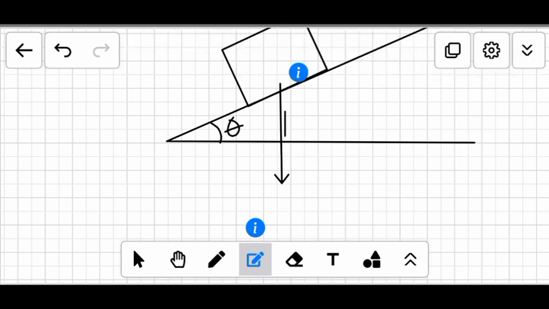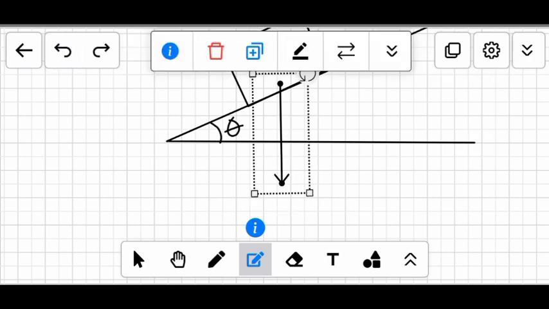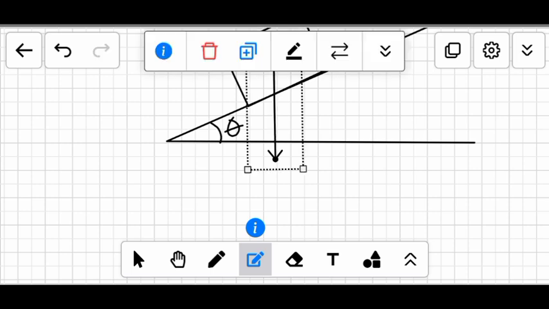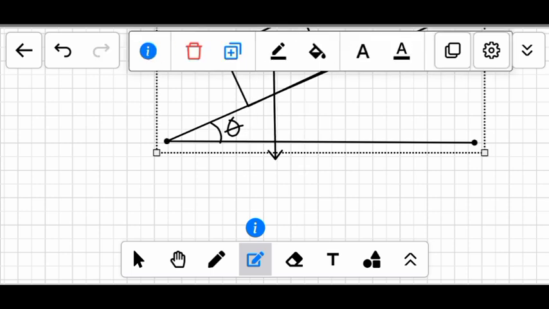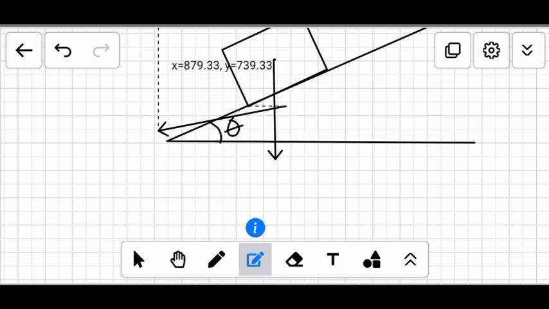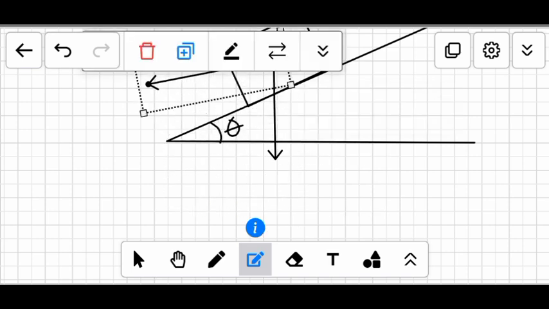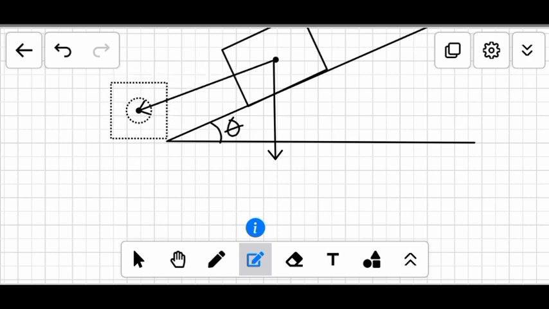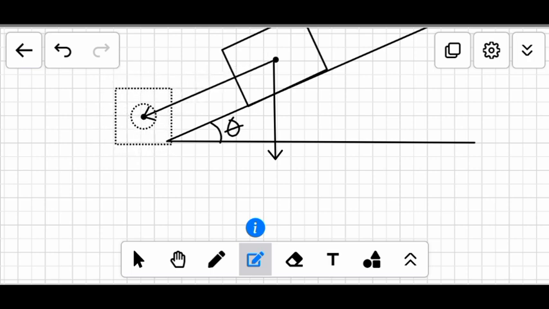That's part of the weight. We go this way, and the other part goes this way. So the other part of the weight acts parallel to the plane. So which means the weight itself is acting as a resultant in this direction.